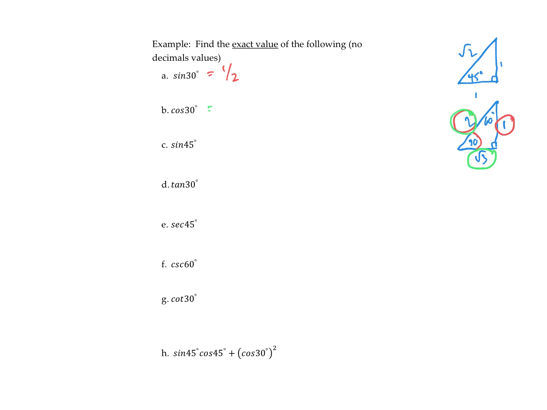So cosine of 30 would be root 3 over 2. Sine of 45. So here's 45. Sine is opposite over hypotenuse. So that equals 1 over root 2. So all I'm using is my special triangles to find these ratios. Tan of 30. So let's tidy this up a little bit.